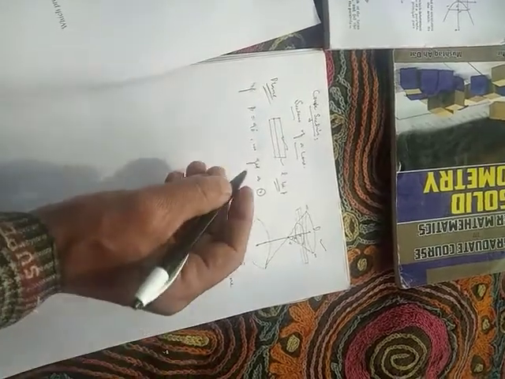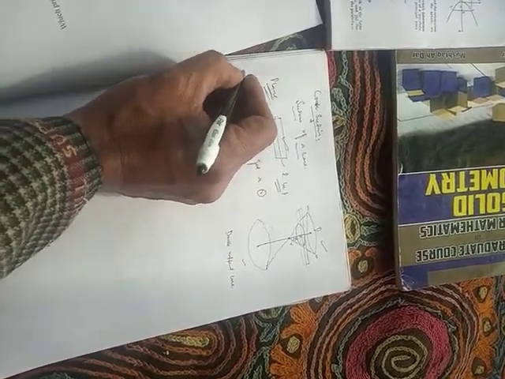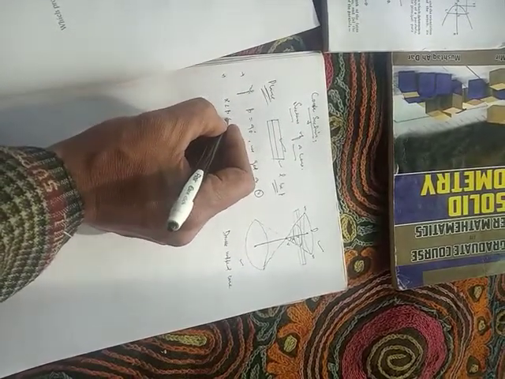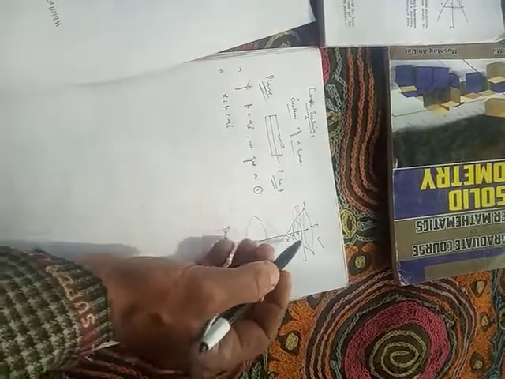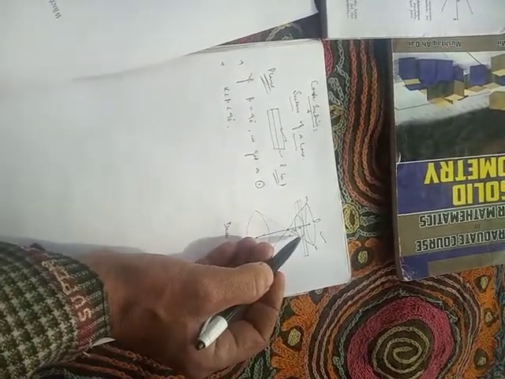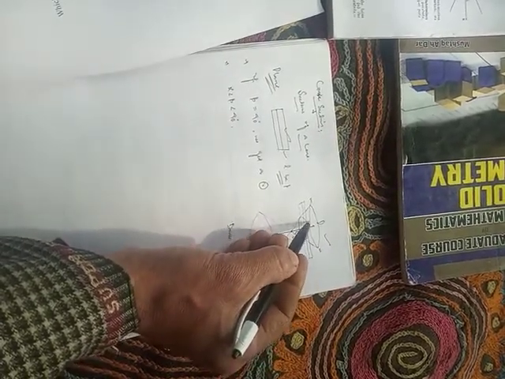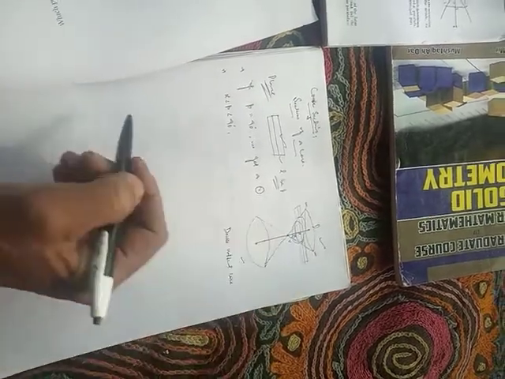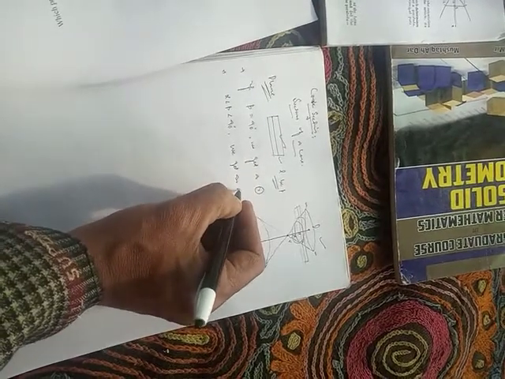Now in the second case, when we take alpha less than beta less than 90, then this plane will cut it like this, and we get an ellipse.